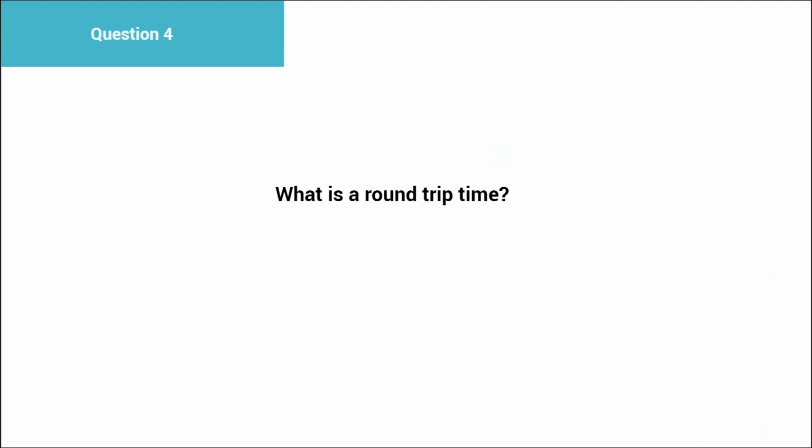What is a round trip time? So round trip time in IPSLA terminology would mean the time that is actually taken for the data or the packet to reach from the source to the destination. So from the OpManager perspective, we have the IPSLA monitoring where they actually calculate the minimum, maximum as well as the average round trip time and then plot it with the help of a graph.